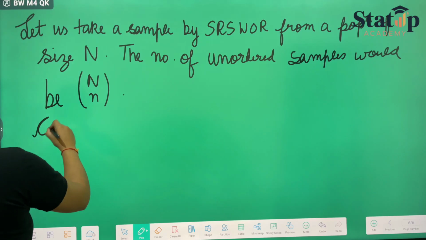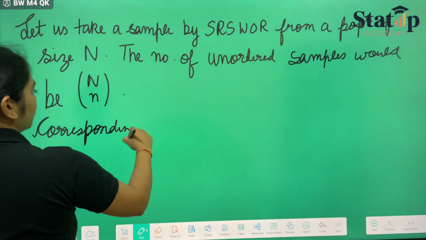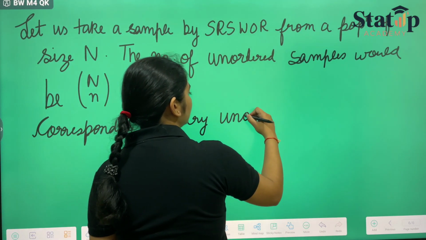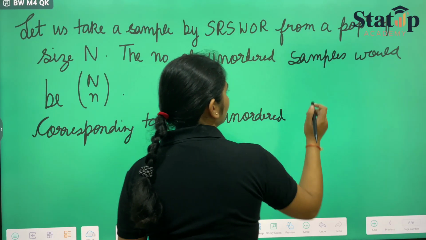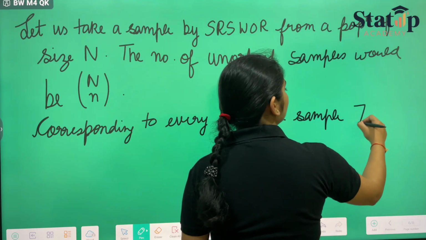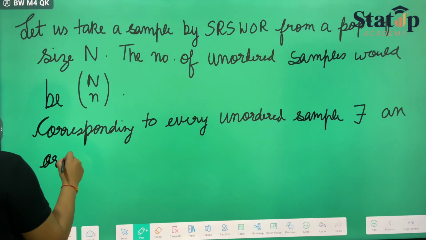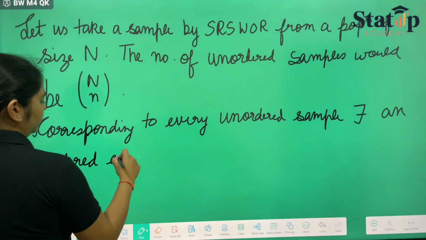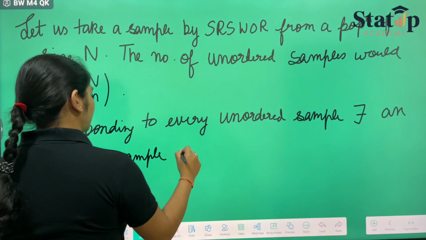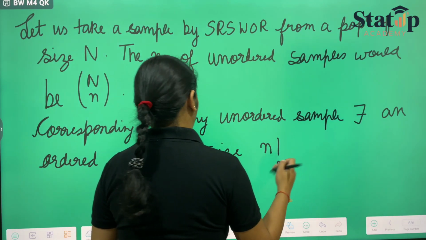and corresponding to every unordered sample there exists an ordered sample of size small n factorial.